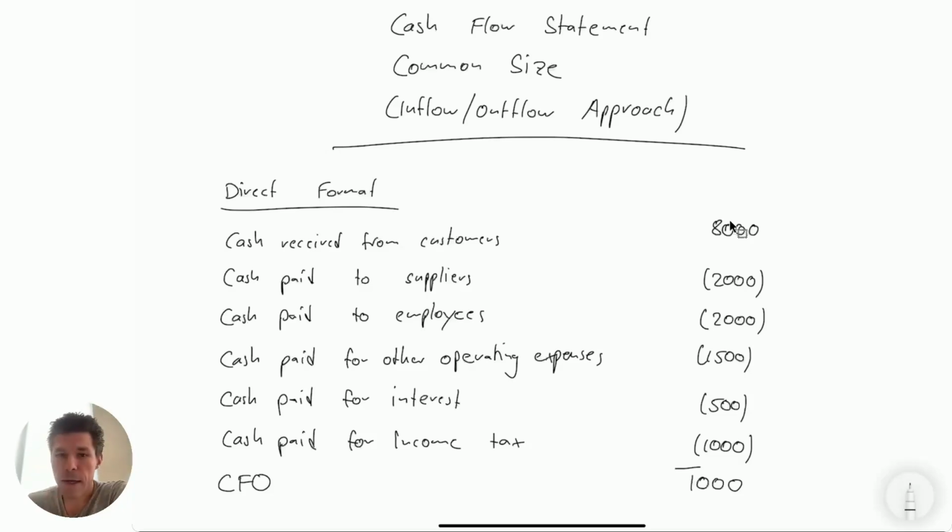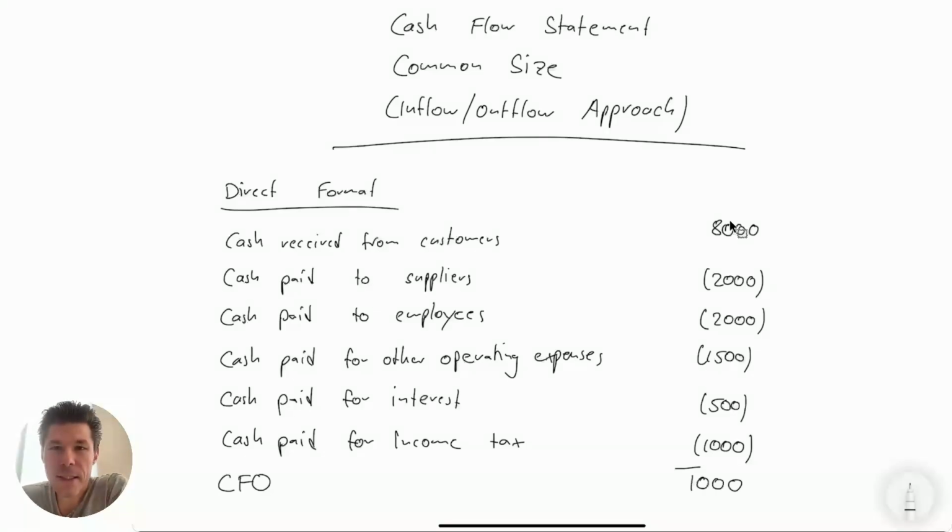Because what it means, and I have done two videos, one for income statements and one for balance sheet, is that every line item is expressed as a percentage. So you don't have those absolute numbers that you can't really compare across industries, across companies. Everything is expressed as a percentage, so you know exactly which line item, which cash item provides most money or takes out most of your money.